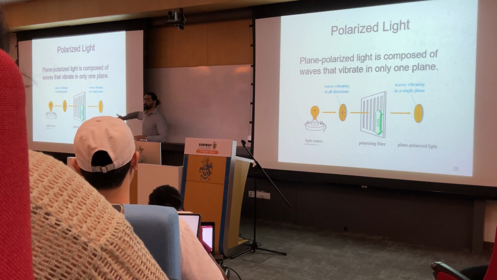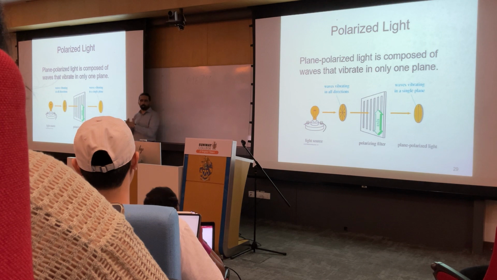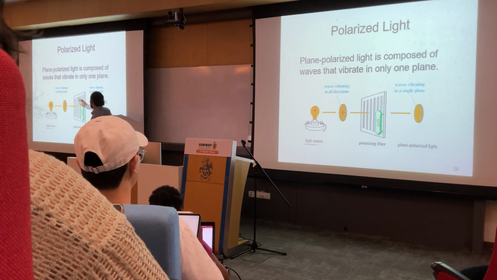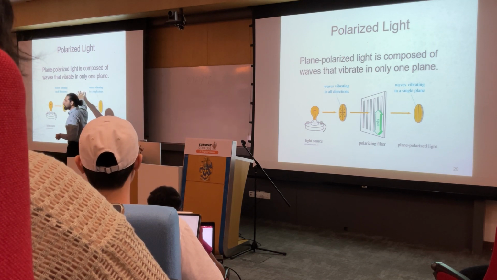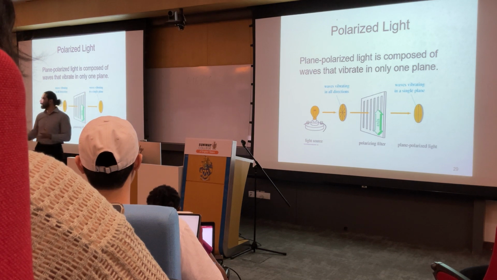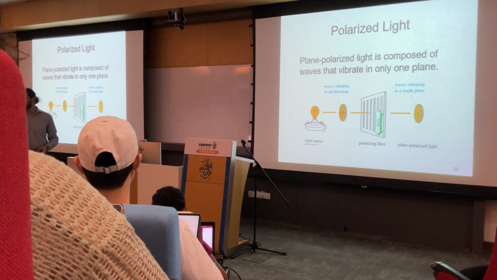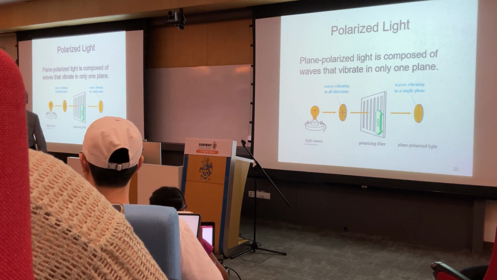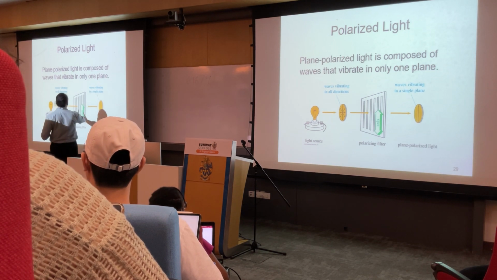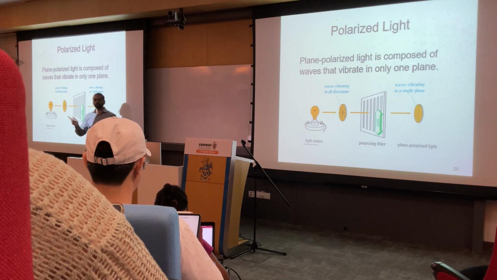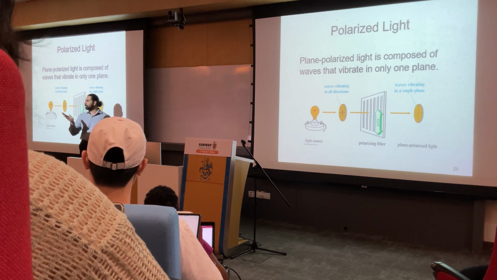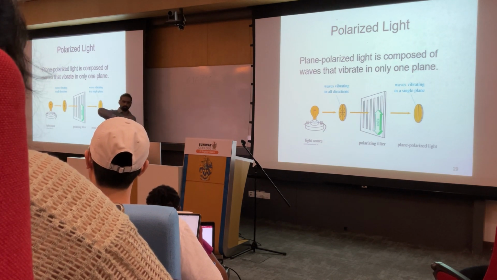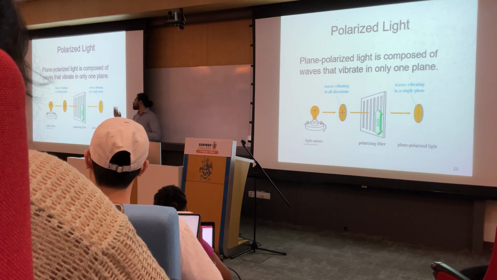Those lights which you pass from the polarizer are called plane polarized light. Now all stereochemically active molecules, meaning enantiomers, diastereomers, and all these stereoisomers, have the capability to rotate the axis of plane polarized light in some direction. Either they will rotate it clockwise or anti-clockwise.